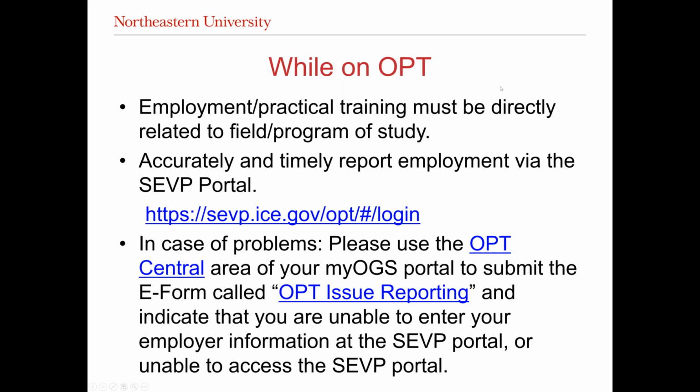If there is any problem using the SEVP portal, then please use the OPT Central area of your MyOGS portal to submit the e-form. It's called OPT issue reporting. You can let OGS know that there is some challenge with entering your employer information at the SEVP portal, or you are unable to even access the portal, and an OGS advisor can assist you with this functionality.